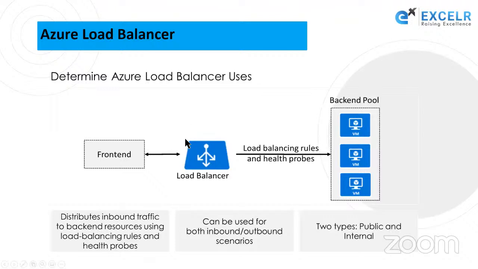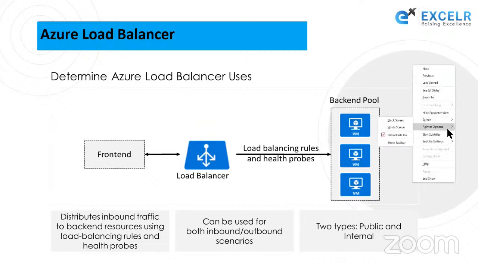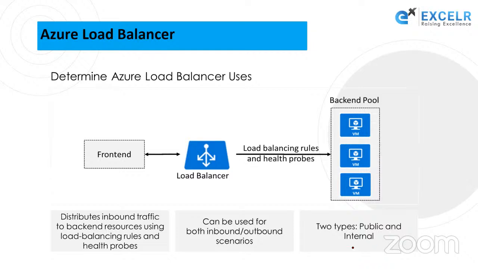One is a public facing load balancer, and the second one is an internal load balancer. A public facing load balancer is going to load balance the traffic coming from the internet. An internal load balancer is only going to route the traffic which is part of your internal network.